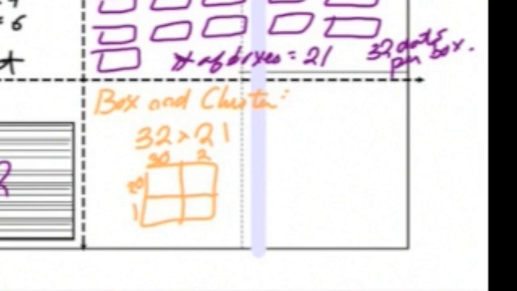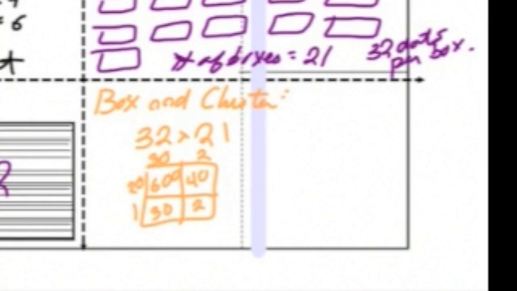Now you're going to multiply like a grid, right? So 30 times 20 is 600. 20 times 2 is 40. 30 times 1 is 30. And 2 times 1 is 2. So this is a very interesting model.